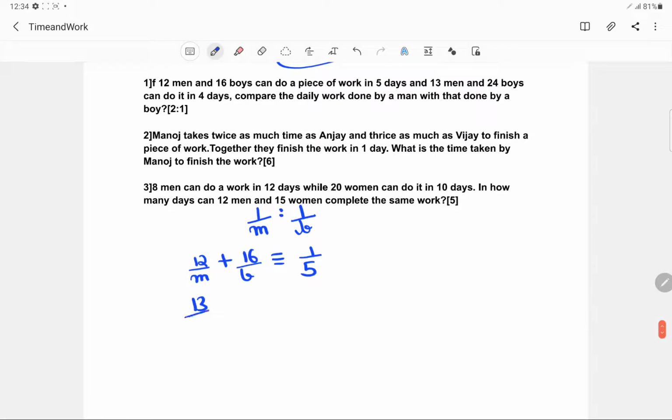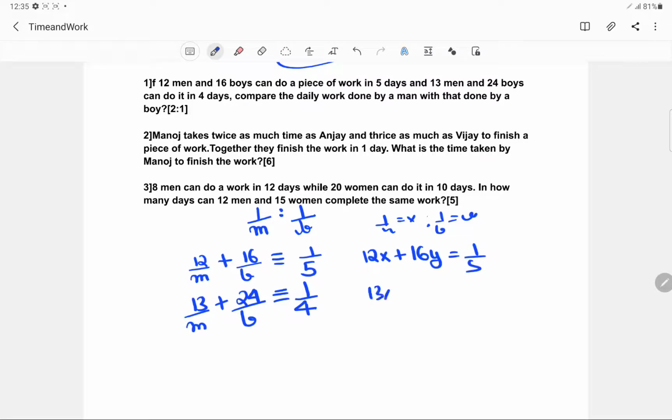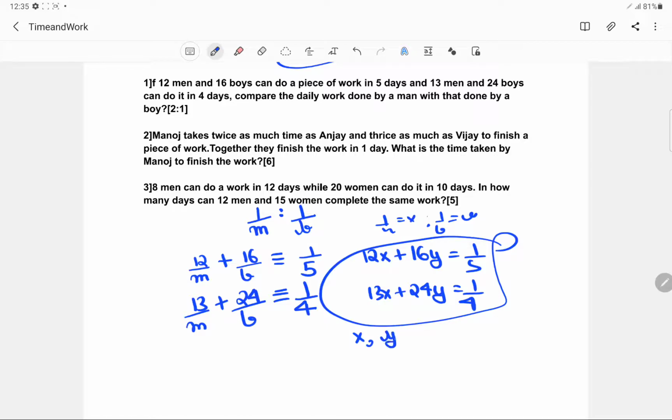Similarly, 13 men plus 24 boys could do this work in 4 days. Then it is very simple. Just assume that 1 by m is equals to x and 1 by b is equals to y, and this will be like 12x plus 16y is equals to 1 by 5, and 13x plus 24y is equals to 1 by 4. 2 variables, 2 equations, get the value of x, get the value of y.